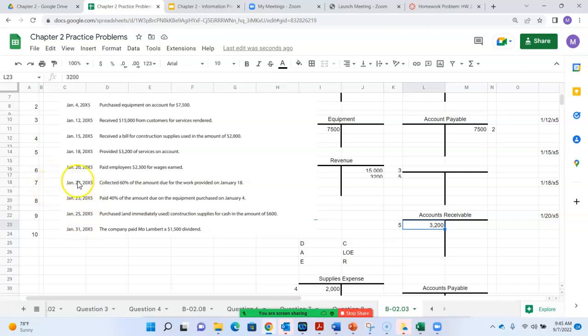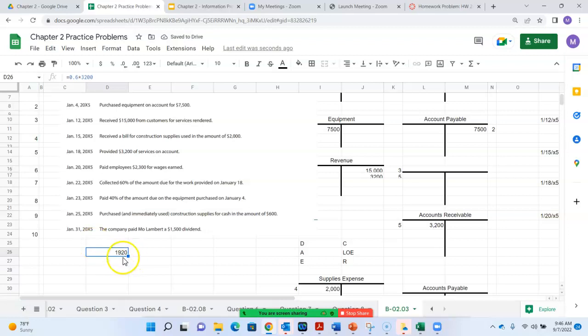So it'll make the other problems easier. So let's keep on going. Collected 60% of the amount due for the work provided on January 18th. So, what was the amount due? $3,200. What's 60% of $3,200? We can do this by doing 0.6 times $3,200. That's $1,920.